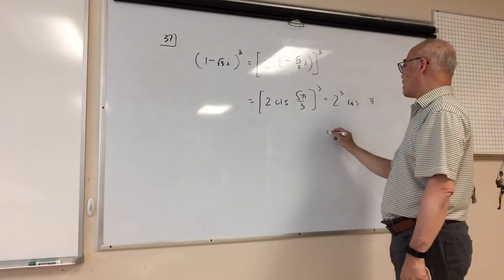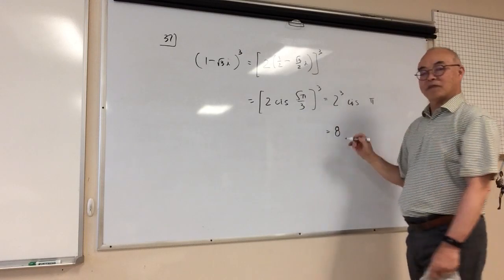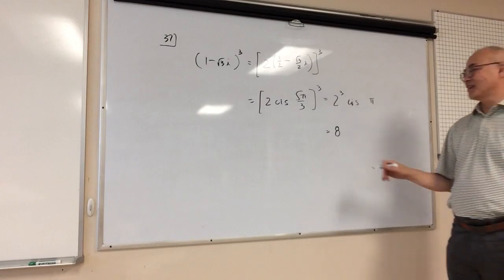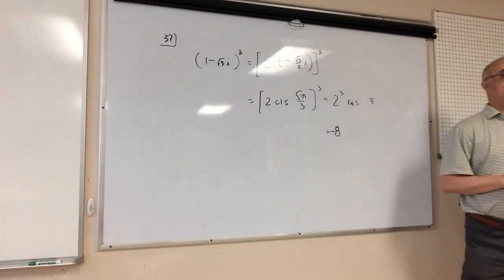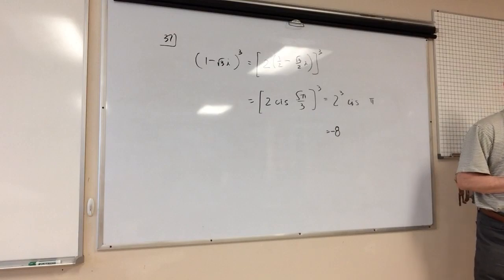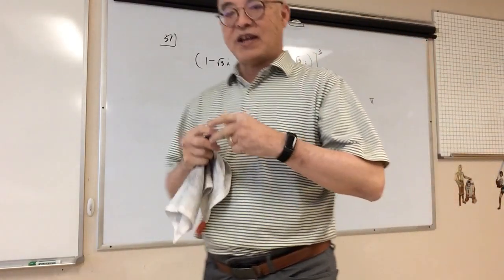Cosine pi is -1. Sine pi is 0. So -8. We good? Okay. All right. We're going to call it a day today.